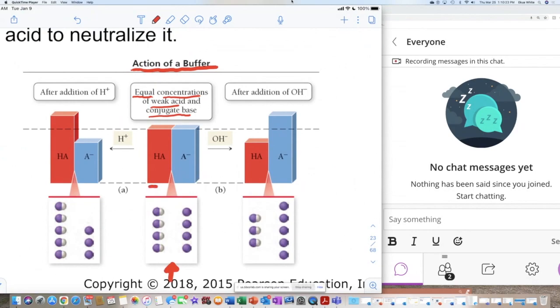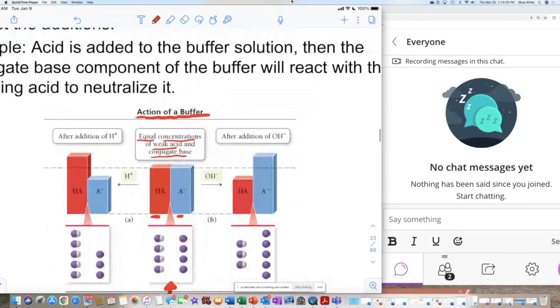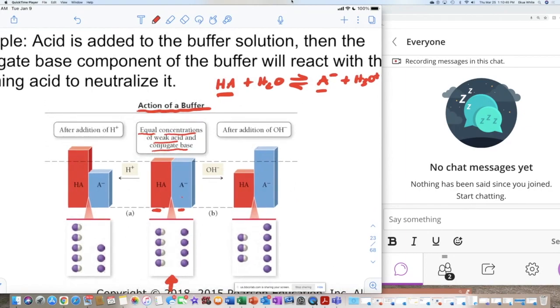You have the same amount of the weak acid and the same amount of the conjugate base. Since they use HA here, let me write the equation real quick over here, just so you can have an additional visual: HA plus H2O in equilibrium with A minus plus H3O plus. We're focusing on the amount of HA and A minus. In the beginning, these amounts are equal.